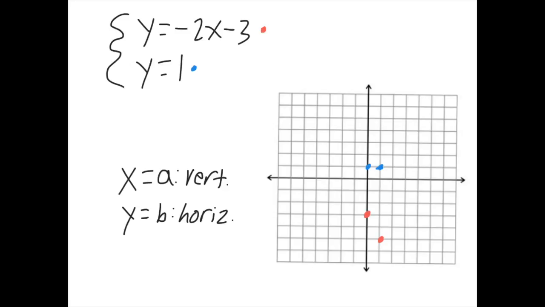So, the first equation, this one right here, has a slope of negative 2, so it goes down 2 over 1. This one is horizontal, has no slope. So, if we keep following this down, we're never going to hit this horizontal line up here. So we need to go this way and follow it up.